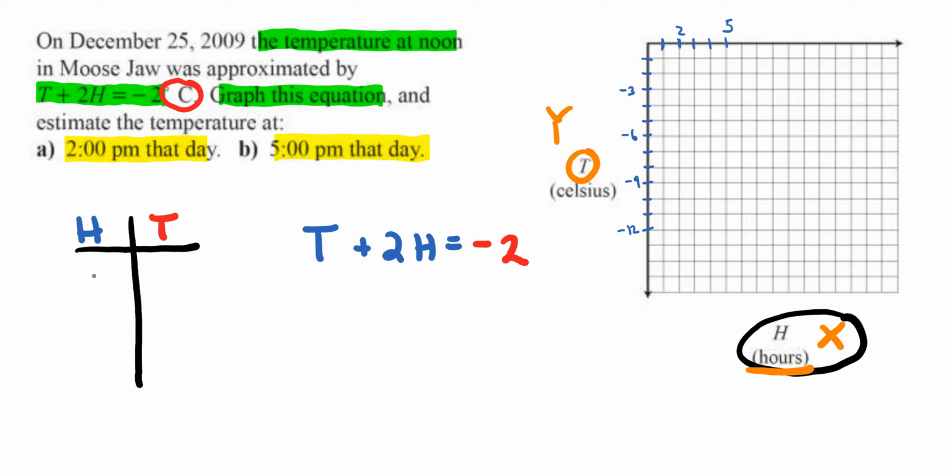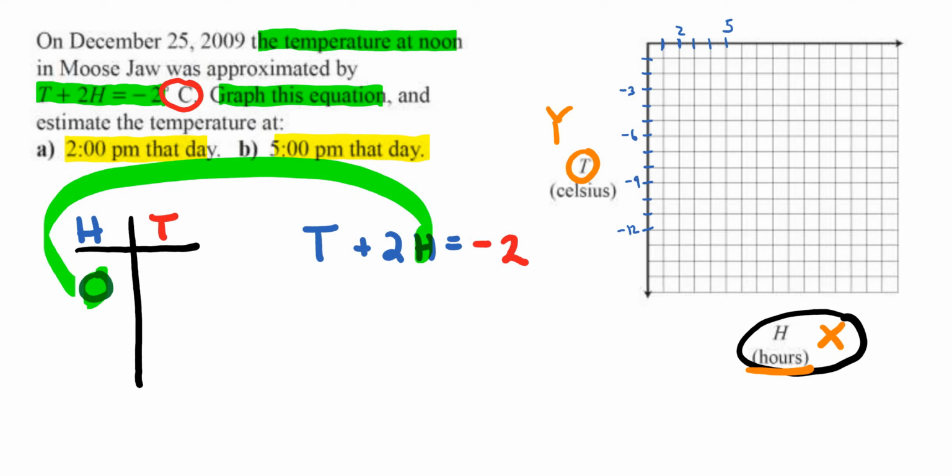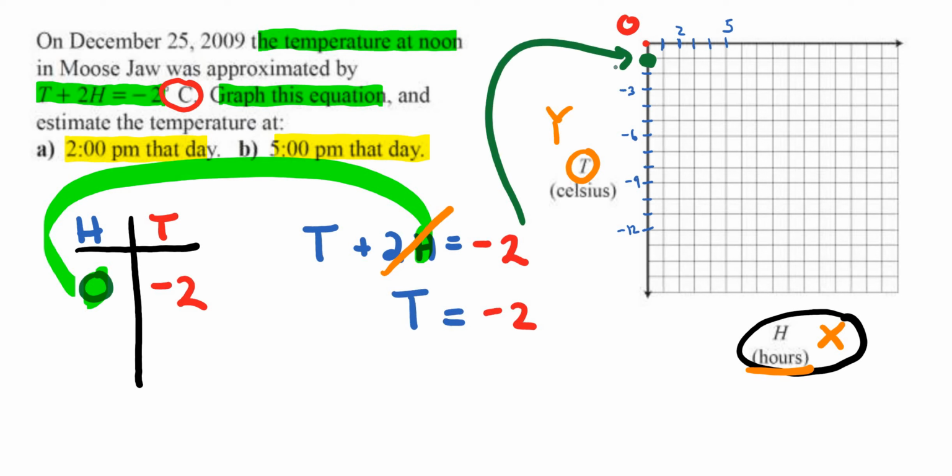Okay, so let's figure out what's happening at the beginning at 0 hours. If I substitute 0 hours over here, this would go to 0, and that means t would equal negative 2 degrees Celsius. So at 0 hours, my temperature is negative 2, so about right there.